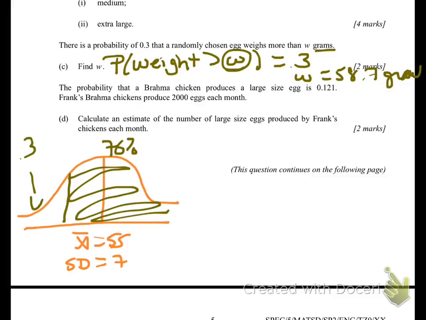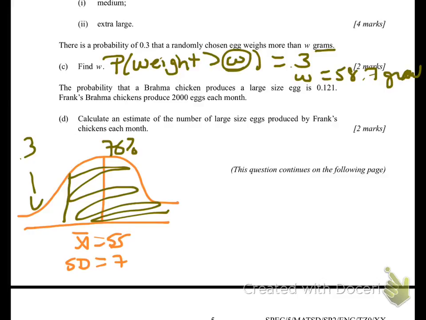Okay, so here they're talking about large eggs, the probability is 0.121, and they produce 2,000 eggs each month. Calculate an estimate of the number of large eggs produced. Okay, so this is like finding the expected value. You know how I always say to you, if you were to roll the die 60 times, how many times would you expect to get a 4?